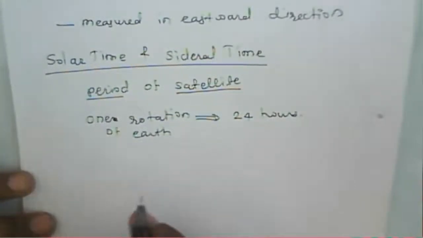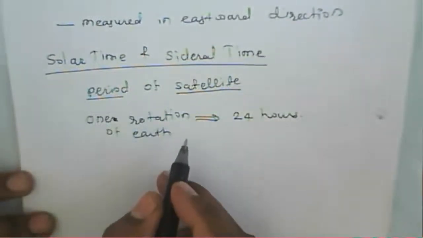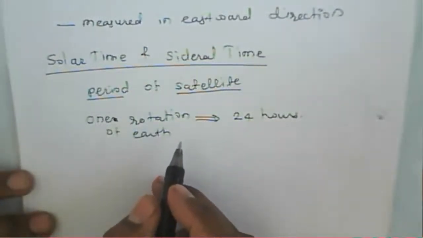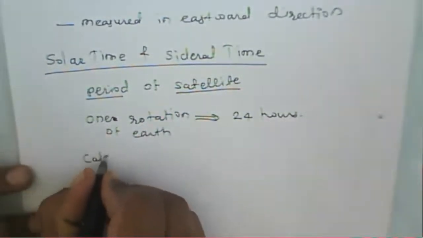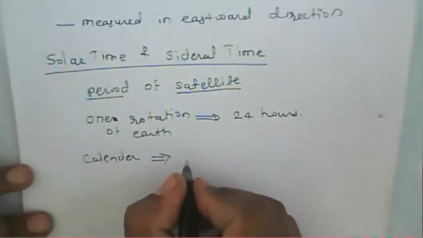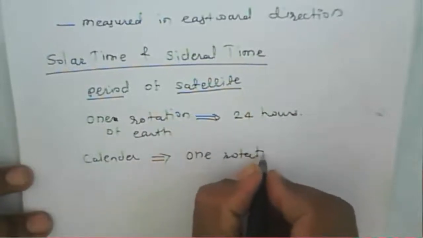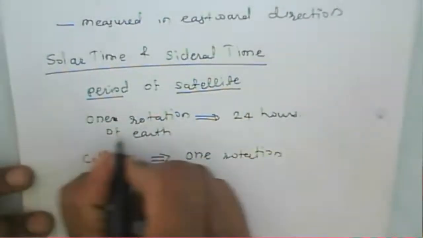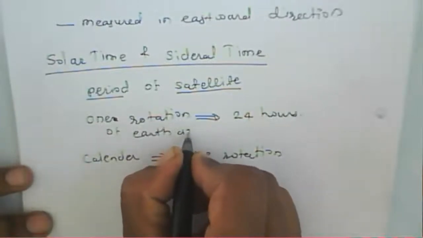That is one rotation of the Earth. But if you consider the calendar, what is to be considered in a calendar? That is one revolution, as opposed to one rotation of Earth about its axis.